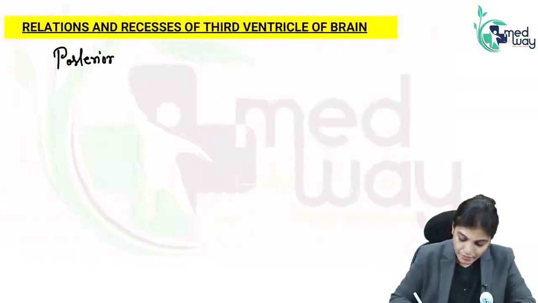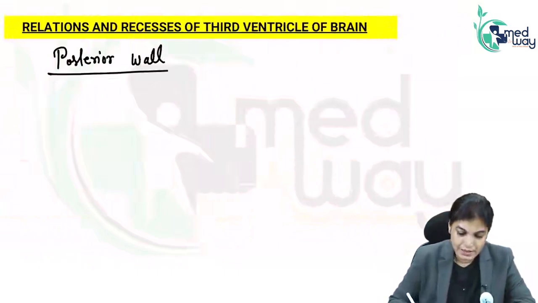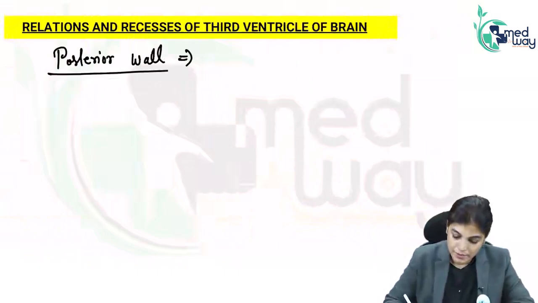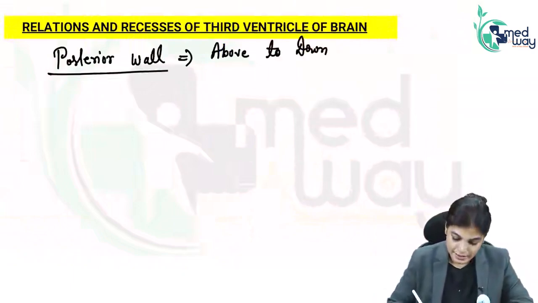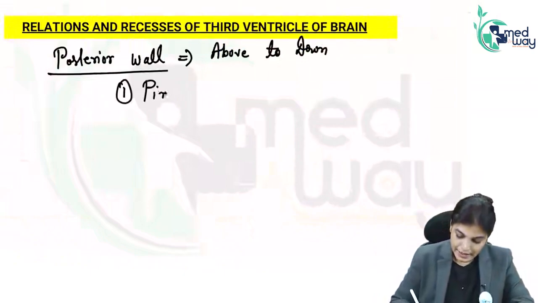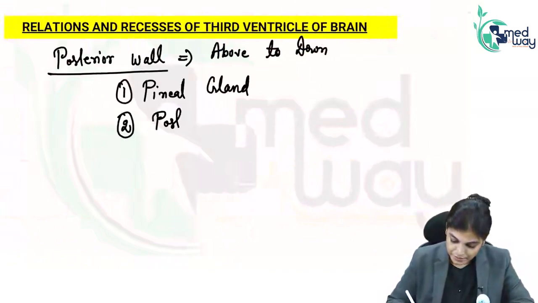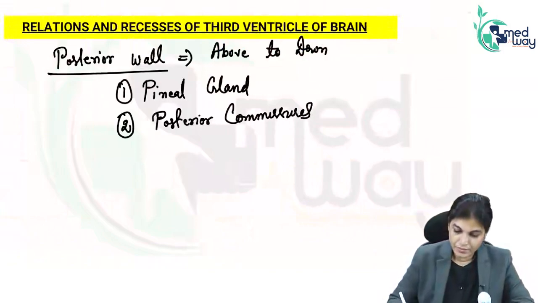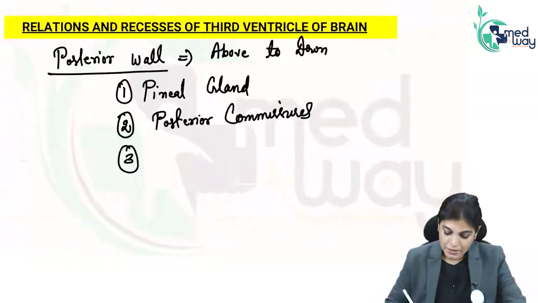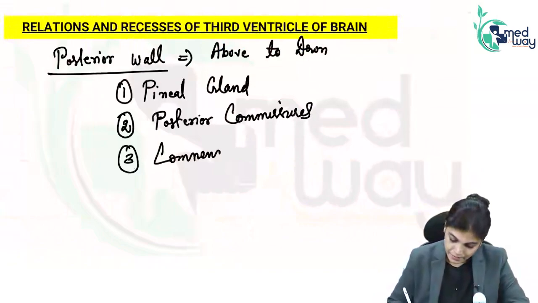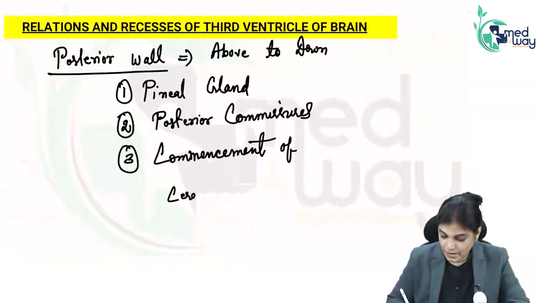The posterior wall of the third ventricle is related to the following structures from above to down: the pineal gland, the posterior commissure, and the commencement of the cerebral aqueduct.